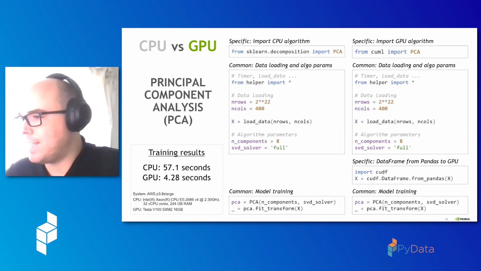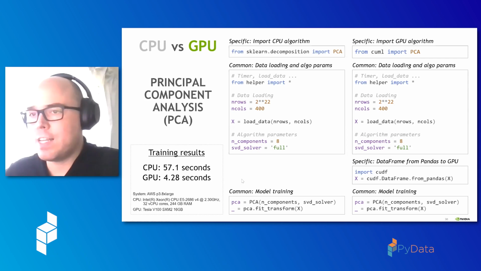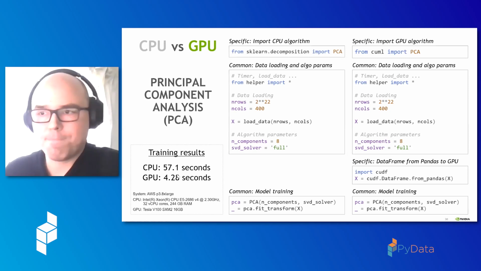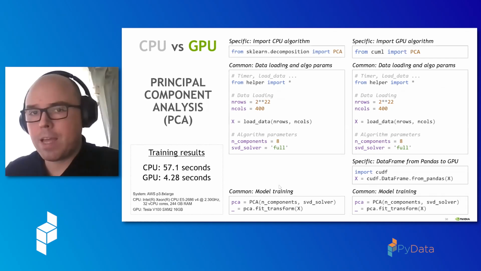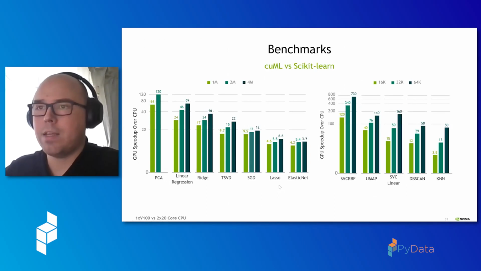And then the syntax for PCA is identical. And so we fit transform X. What is not identical is the execution time, because on a fairly modern server-based CPU, so Intel Xeon E5-2686, this snippet of code would take about a minute, so 57 seconds. On a GPU, this snippet of code will take you about 4 seconds, 4.28 seconds. So a fairly dramatic acceleration.